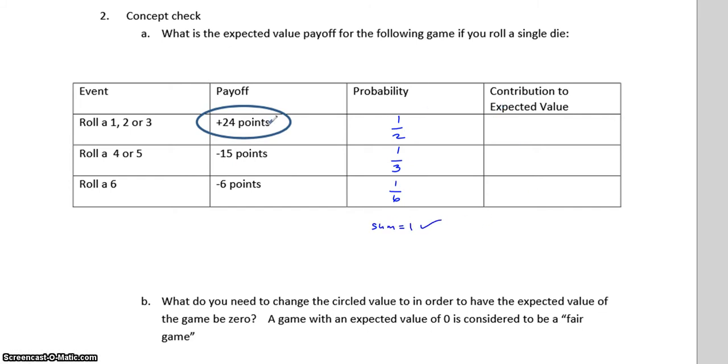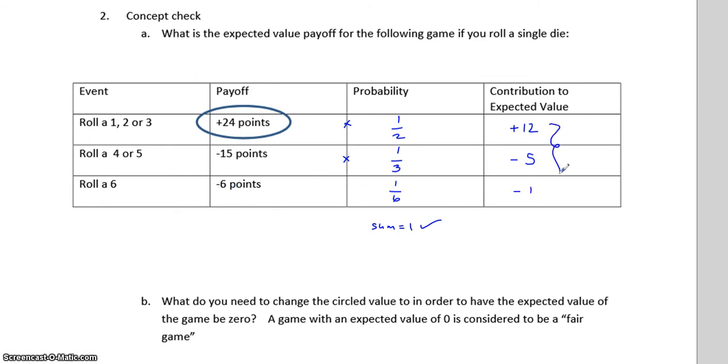And then the contribution to expected value, just multiply across. So here we do 24 times 1/2, that's positive 12 points. Negative 15 times 1/3: negative 15 1/3 of the time gives us negative 5 overall. And then here we have negative 6 points times 1/6, that's minus 1.